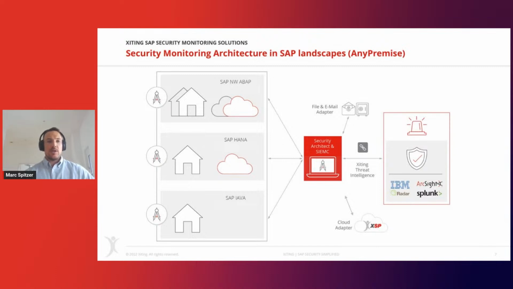So you don't need to upgrade anything or deploy an additional HANA database or something like that. It can really run on existing hardware, because all the log collection is done in a parallel way.